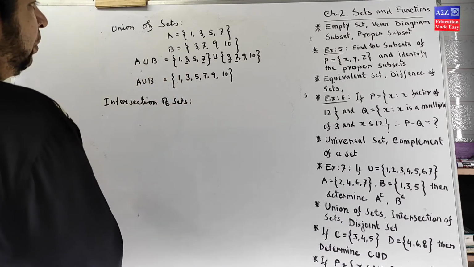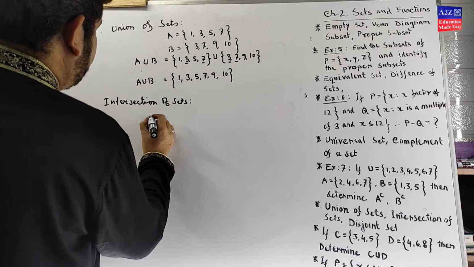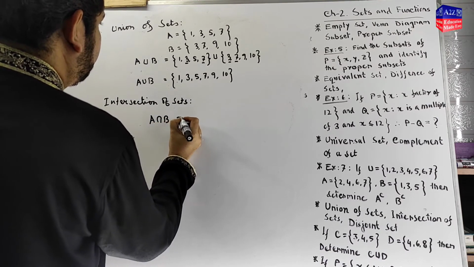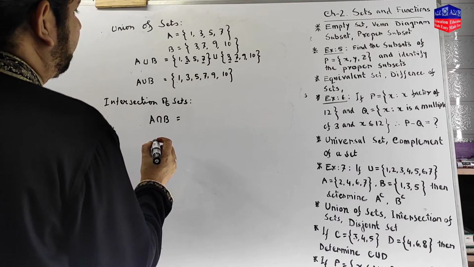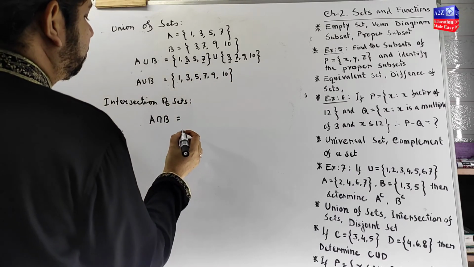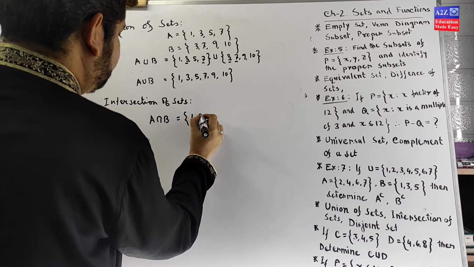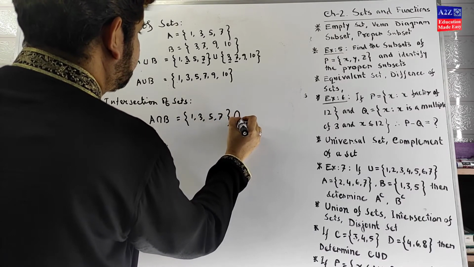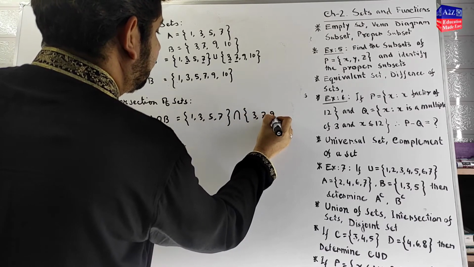In the above example, if I would like to find the intersection of A and B, then it will be written as A intersection B. You see there are only two common items from A and B. Here 3 and 7 are the common items. So first of all I have to write down 1, 3, 5, 7 intersection 3, 7, 9, 10.